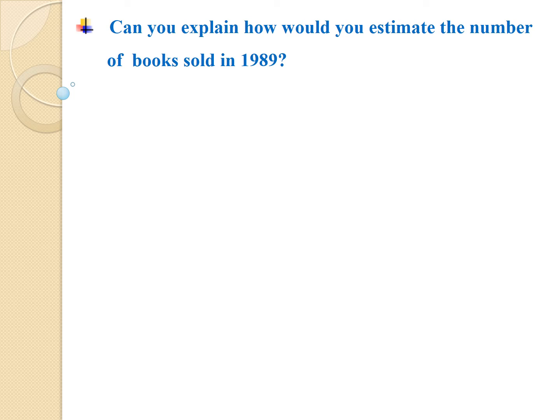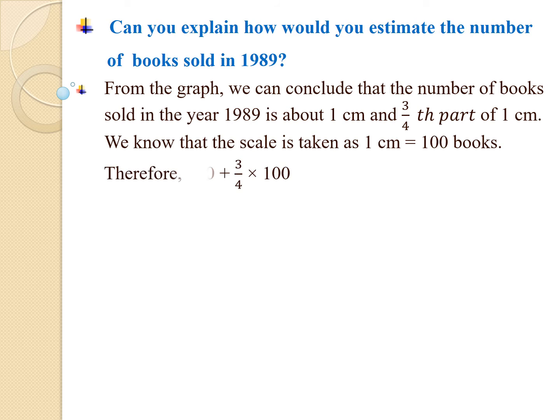We know that the scale is taken as 1 centimeter equals to 100 books. Therefore, 100 plus 3/4 into 100 equals to 100 plus 75 equals to 175. So, about 175 books were sold in the year 1989.